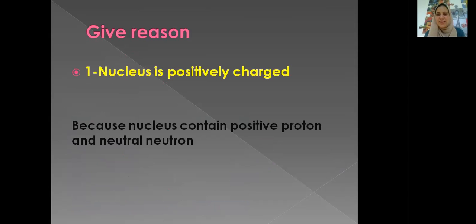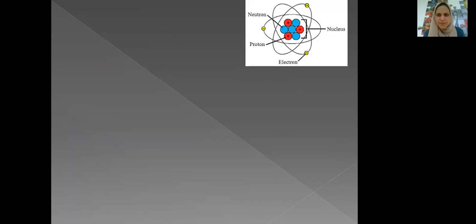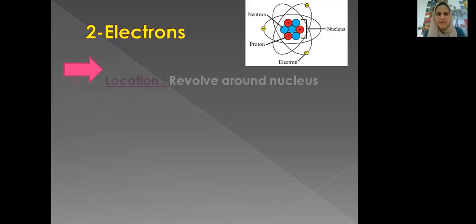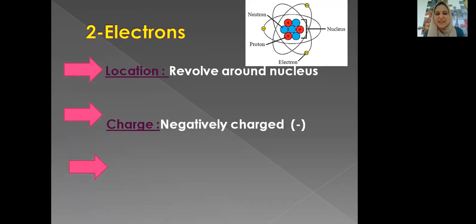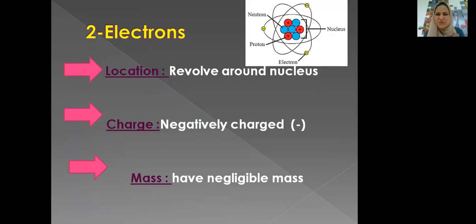Positive because it has positive protons and neutrons, which have no charge. The proton is positive, so the whole nucleus is positive. Here is the electron. Where is the electron found? Around the nucleus. Its charge is negative. So the proton is positive, the neutron is neutral, and the electron is negative. But the mass of the electrons is very negligible, very small compared to the others, okay?